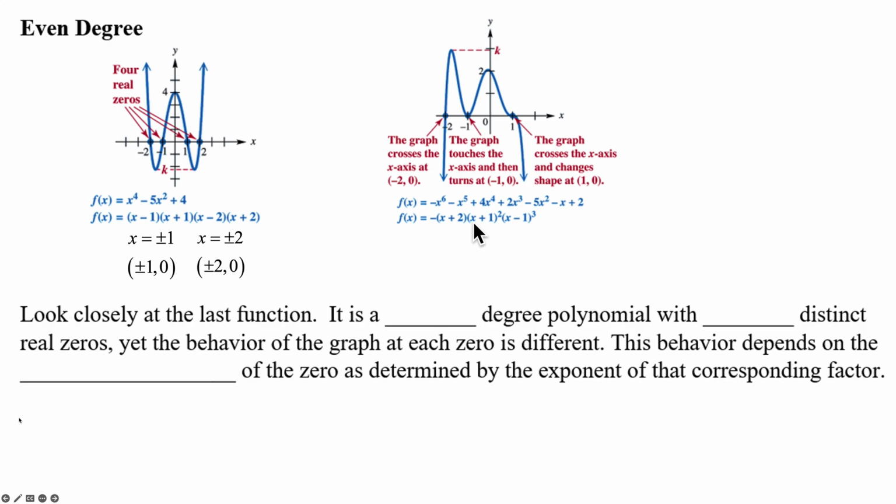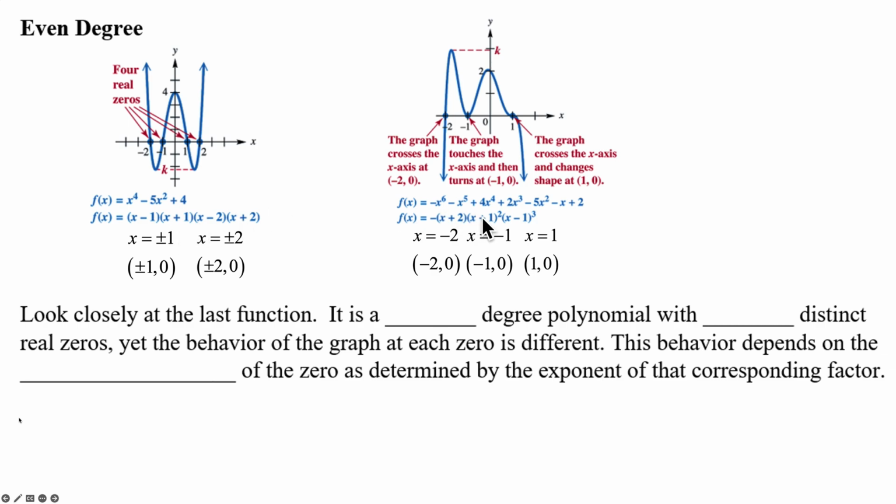My next one here, this one gets really interesting. It's factored. X equals negative 2 is a 0. Negative 2, 0 is my x-intercept. I have x equals negative 1, and I have x equals positive 1. But notice I didn't write it like this.